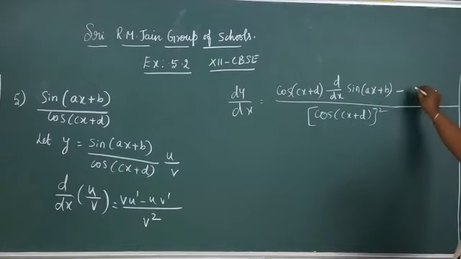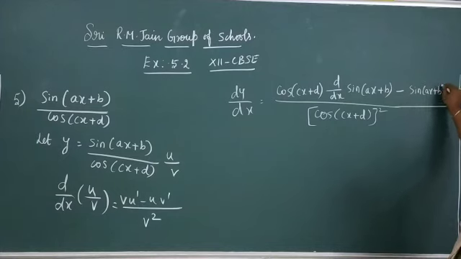Next u, what is the u value here? Sine of ax plus b. Next the same thing, d by dx of, what is the next term? Cos of cx plus d.